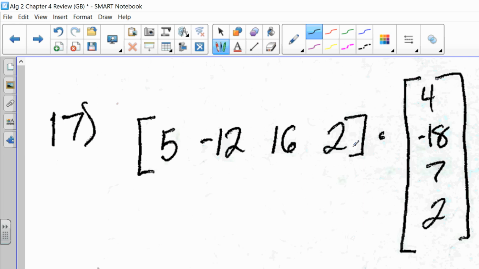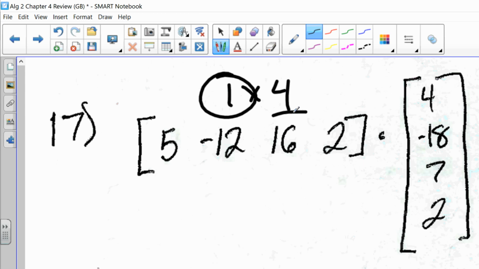Questions on 17, 18, 19, or 20? Same thing. 17 would work, because the columns of the first match the rows of the second. What would the new dimensions be? A 1 by 1. And I remember this from yesterday, it's 352.